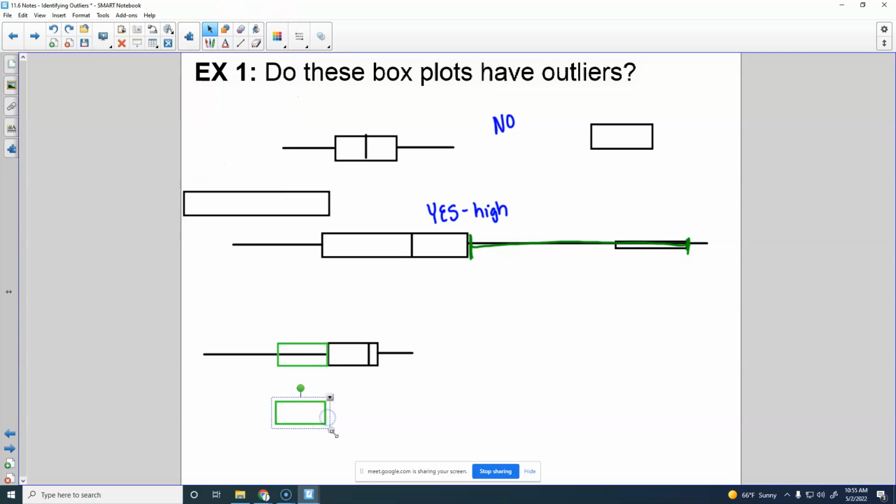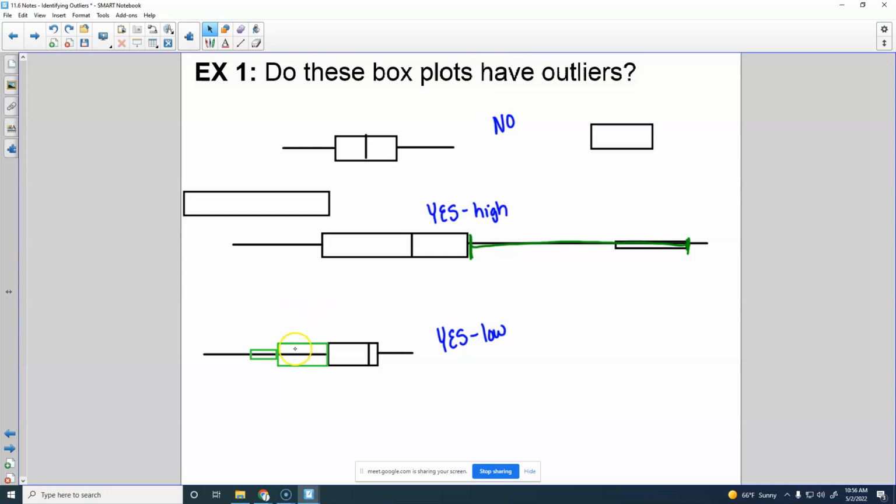slow. You're right the first time. If I make this box about half the length of that box, that's pretty close. Right there. All right, so that's 1.5 times the length of the box. I've still got numbers that go below that. So this would be a yes, and it would be low.